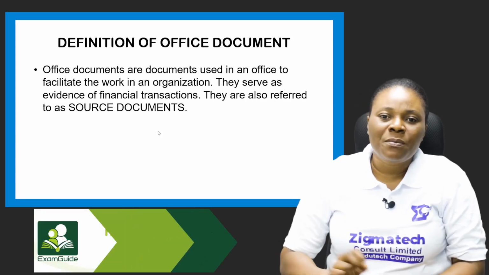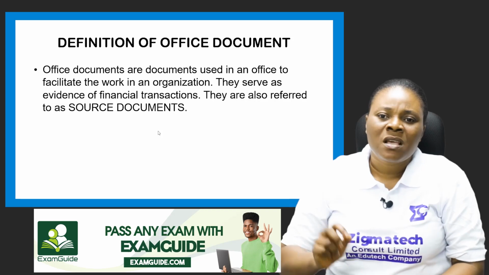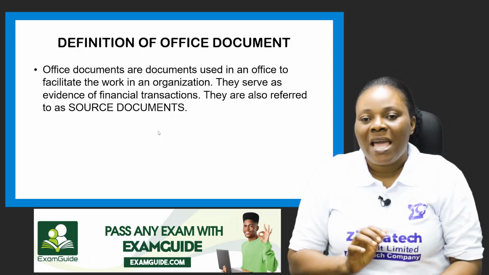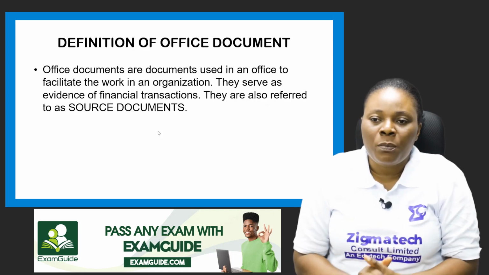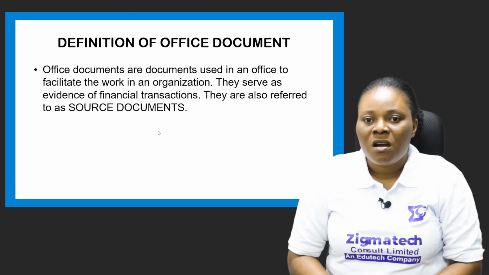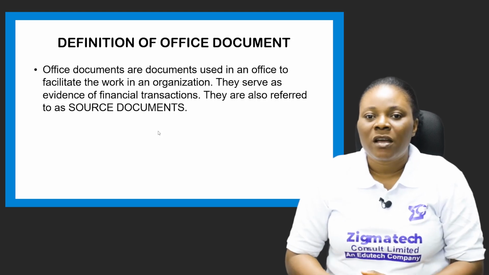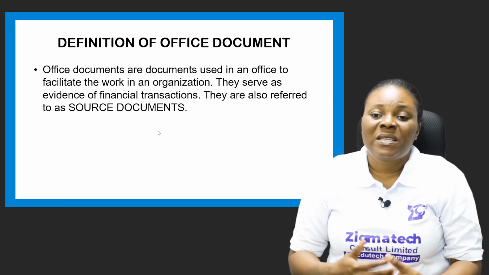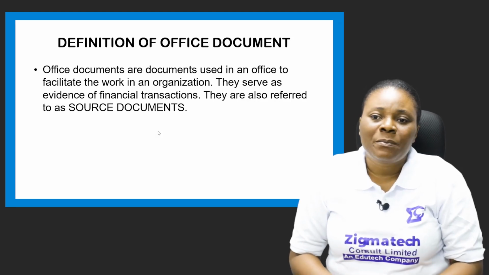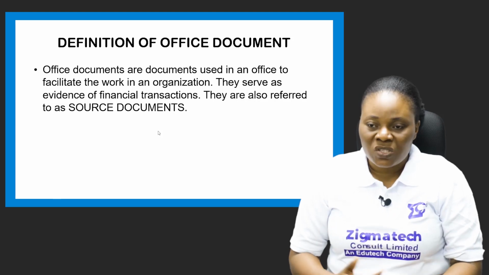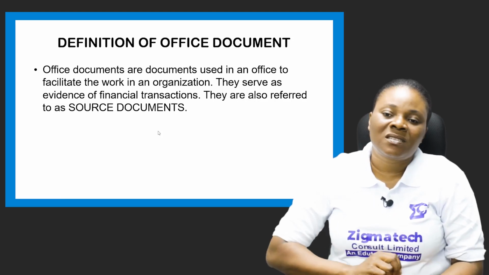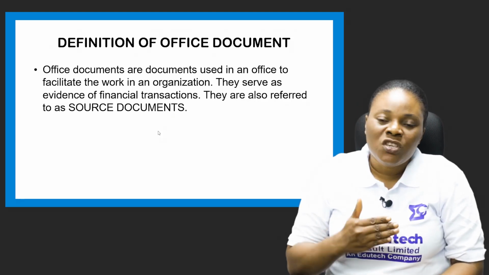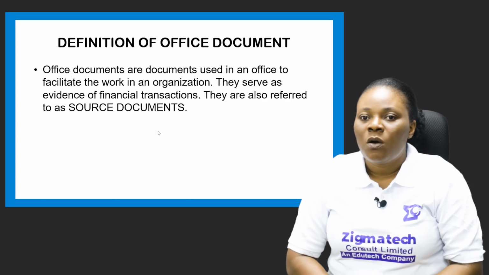They are used to keep records of the various, most especially financial, activities carried out in such an establishment. For record purposes, they serve as evidence of financial transactions. If, for example, you've carried out a transaction in an establishment or with someone and it is not recorded, it does not portray you as a good accountant or secretary.